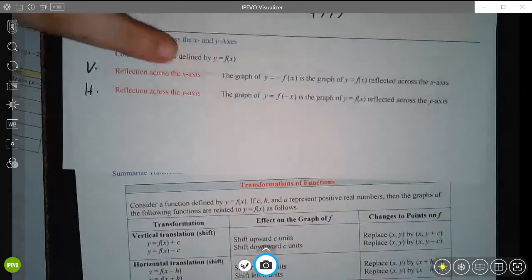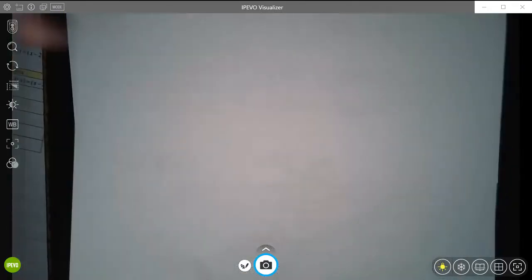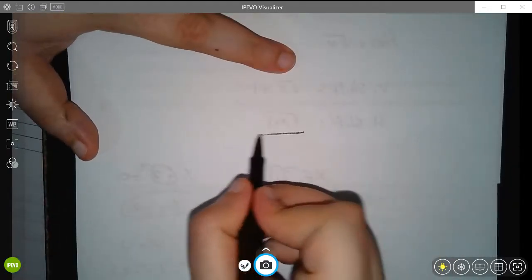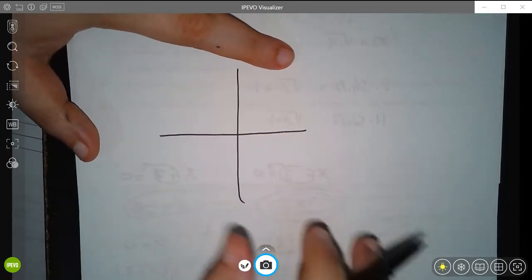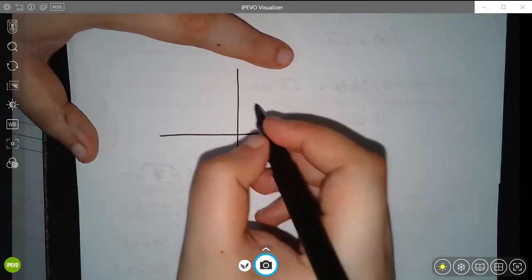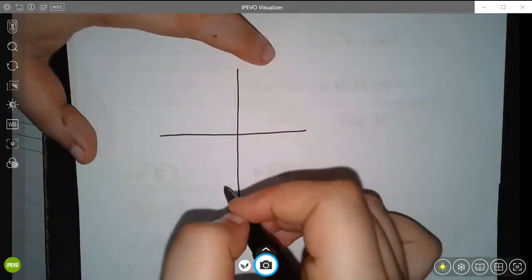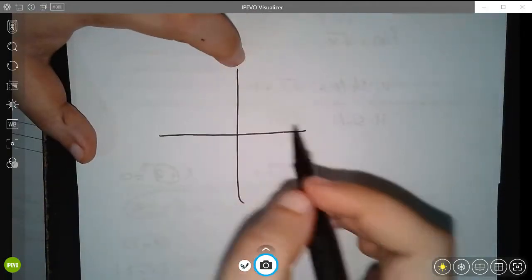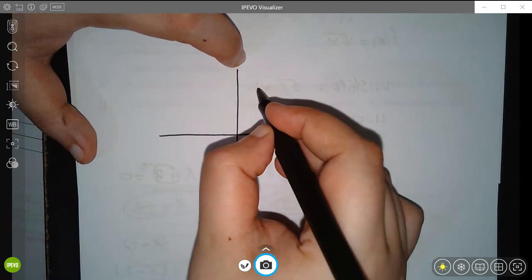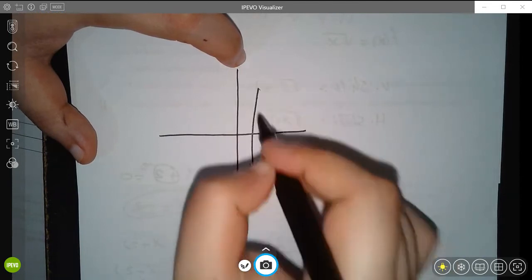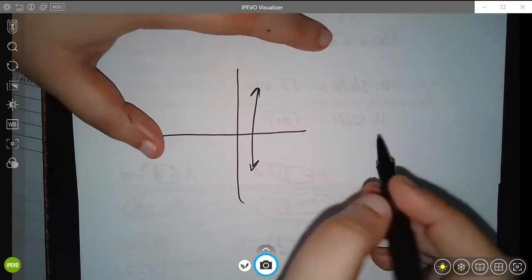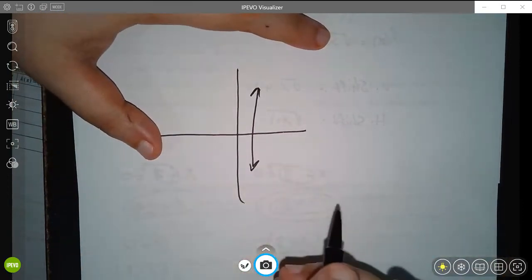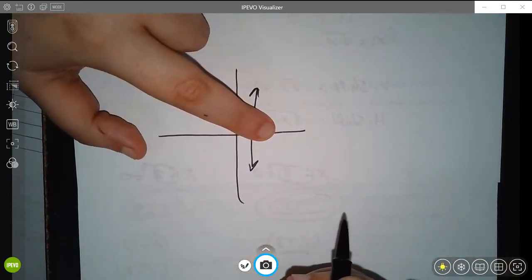When we talk about reflection, usually you are mirroring a function. That's the idea. Yes? So if the function you have is mirrored along the y-axis, and by that I mean like this, in that direction or that direction, so along the y-axis, then it's happening across which one? The x-axis.